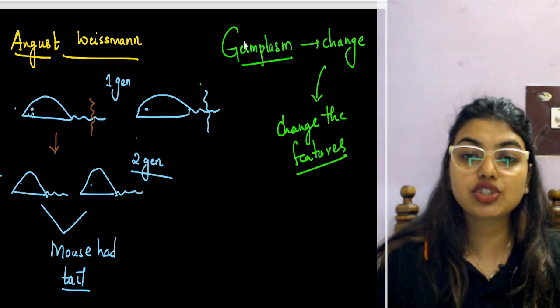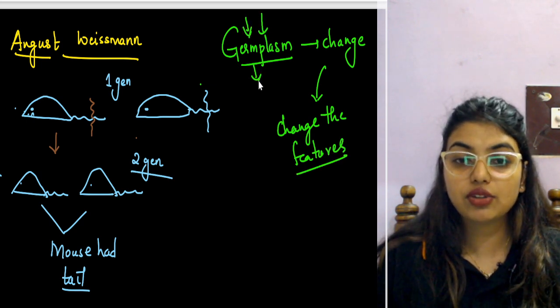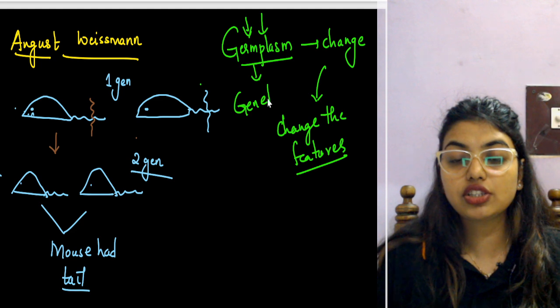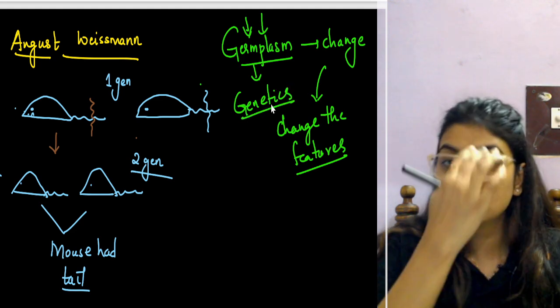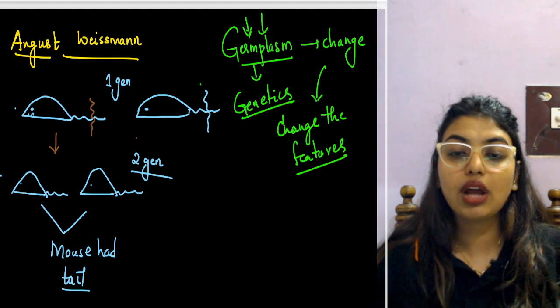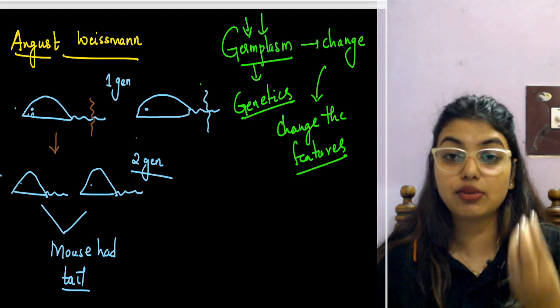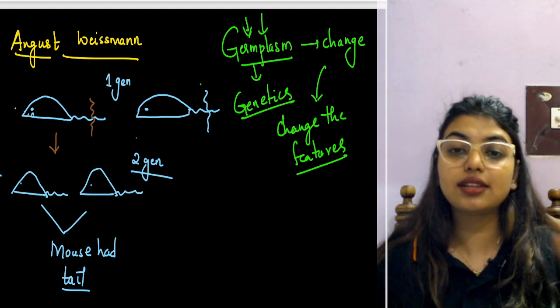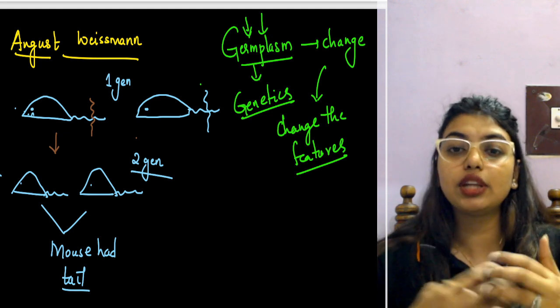That means you have to change the genetics, not the somatic cells. By modifying the somatic cells, definitely it is not going to get carried away. You have to change the germ plasm or the genetics for them to get carried away.